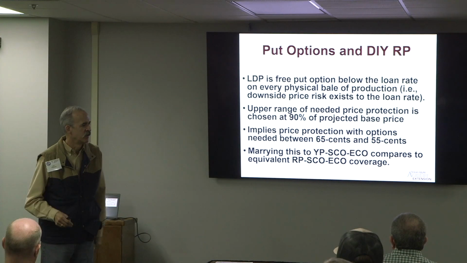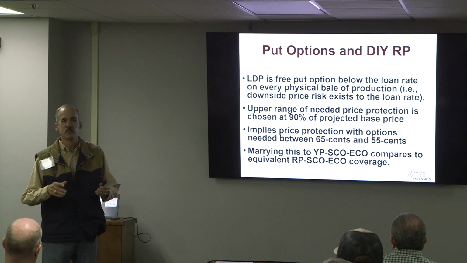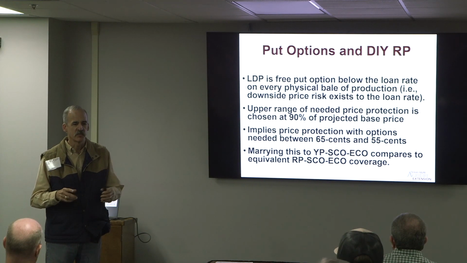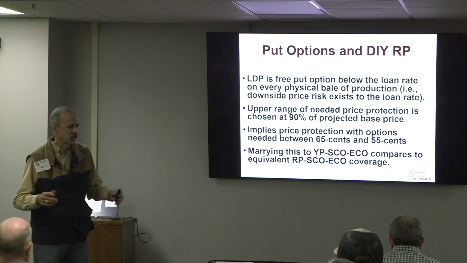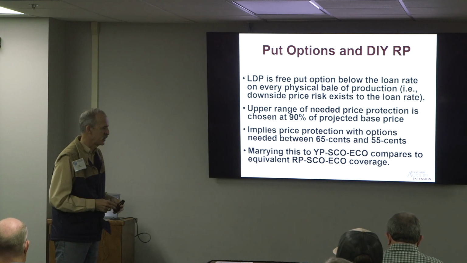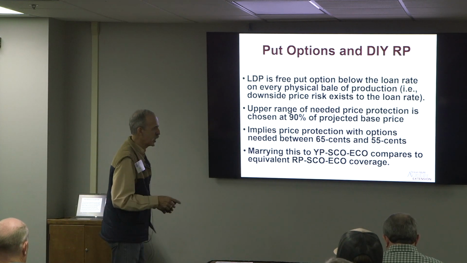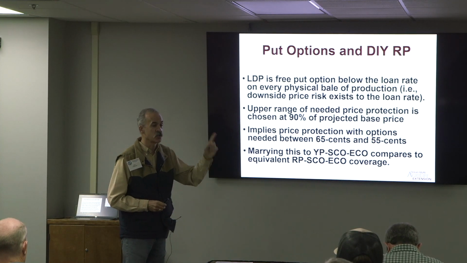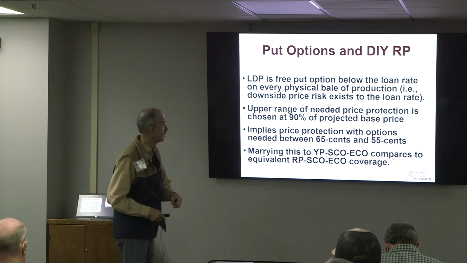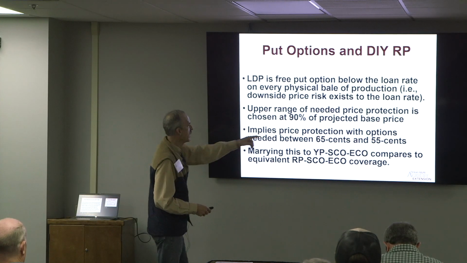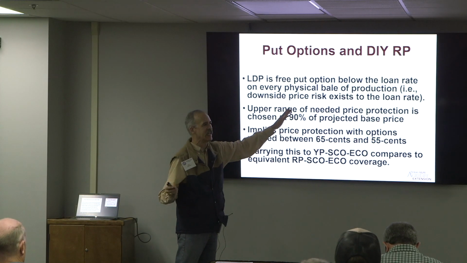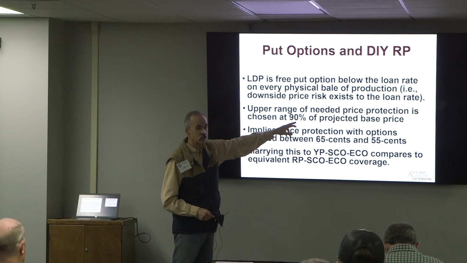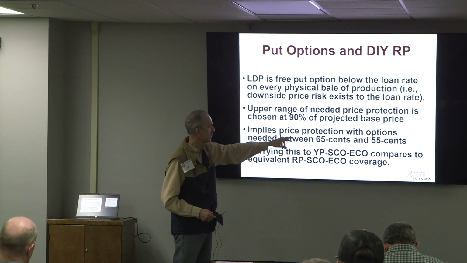Okay. So I'm going to assume that the market is going to go up, that they're going to resolve tariff and trade issues, that the economy is going to pick up, and that the speculators that are currently short the market are going to buy it back. And I'm going to assume that your insurance price turns out to be 72 cents. For this example, your base price, I'm just purely guessing, is going to be a nice 72 cents. 90% of 72 is about 65 cents.